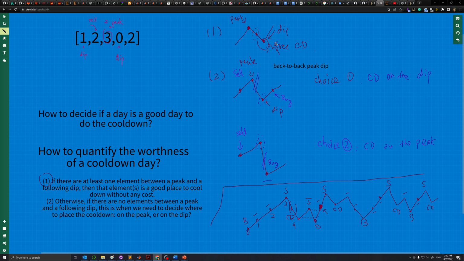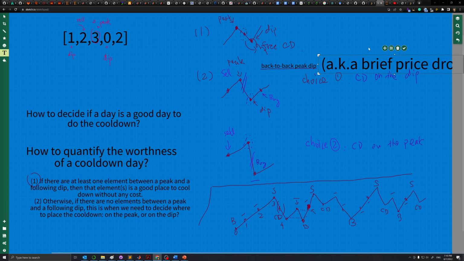So these are hard decisions to make, and we need a somewhat localized way to judge whether it is a good idea to perform a cooldown during such brief drops, those back-to-back peak-dip brief price drops.